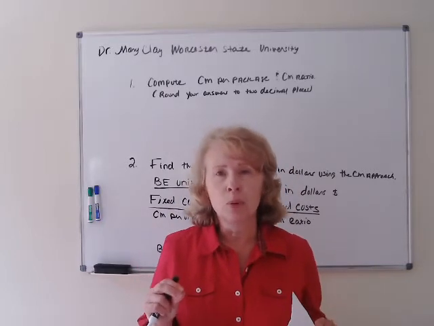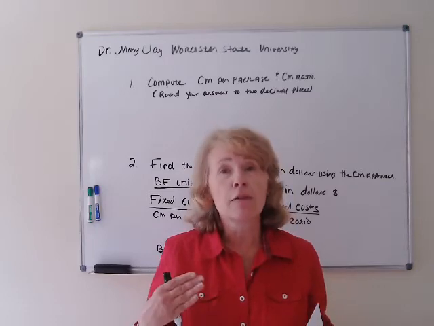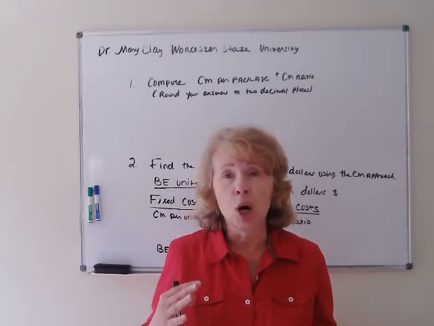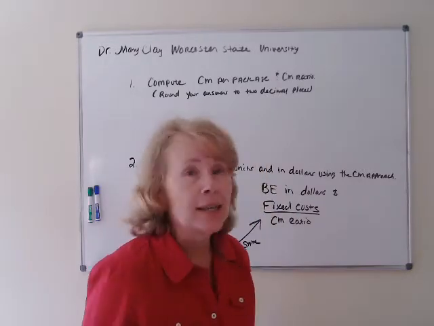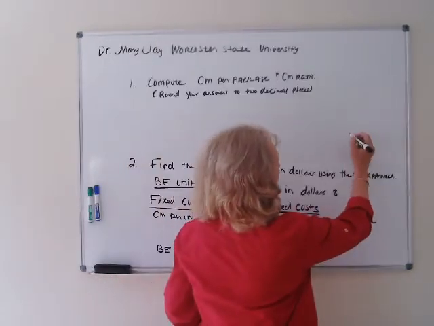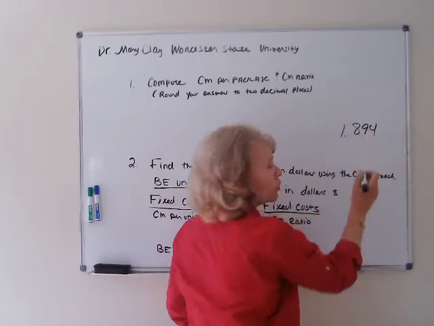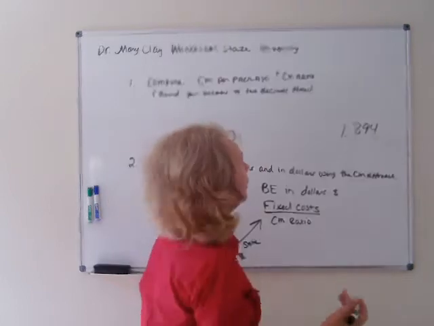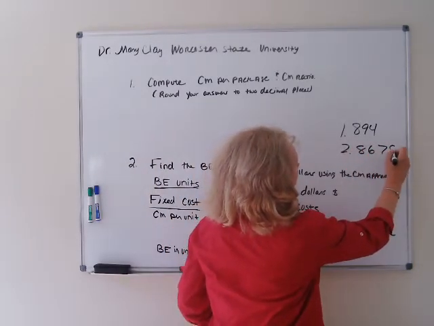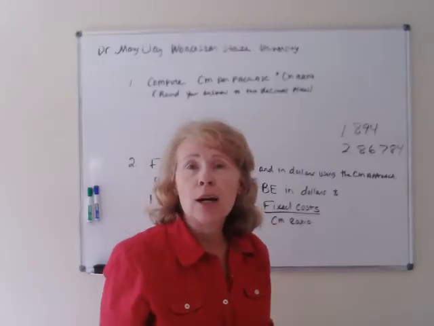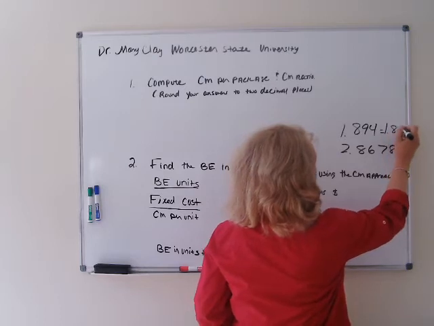That is very important. When you are working in the lab, we will take off points if you round to the wrong place. So let me go over to the board and give you some quick basic math. If it's 1.894, I'm just making up these numbers, or 2.86784, and it says round to 2 places, your answer is 1.89.